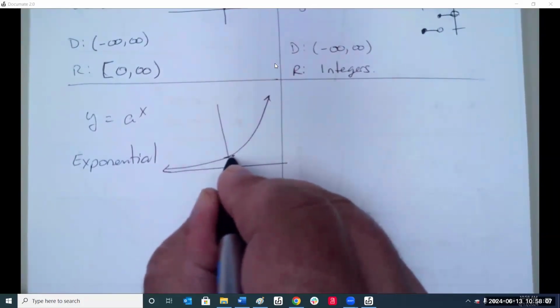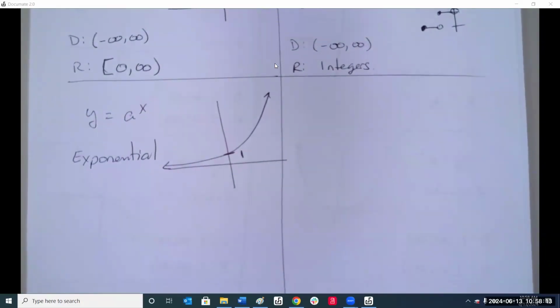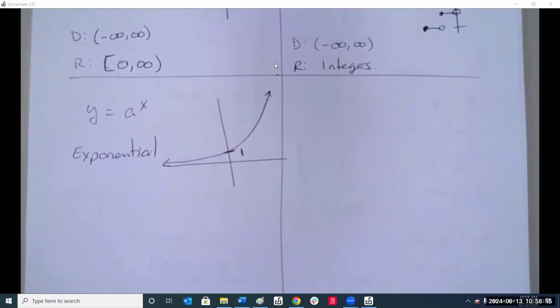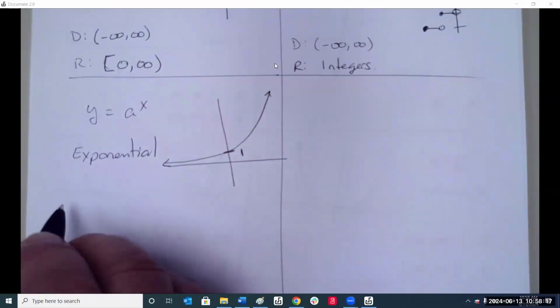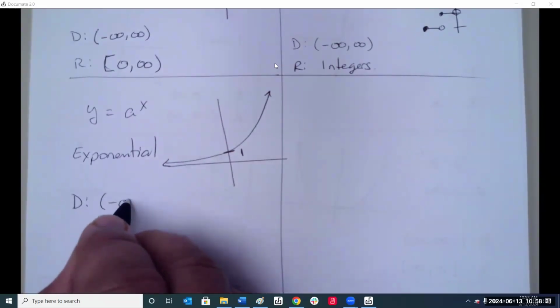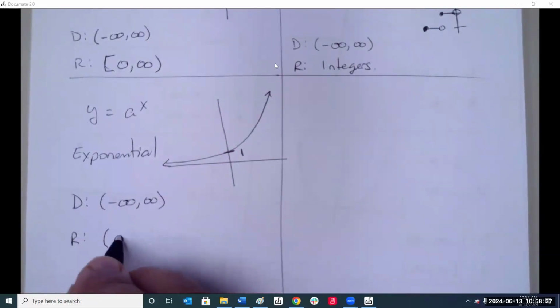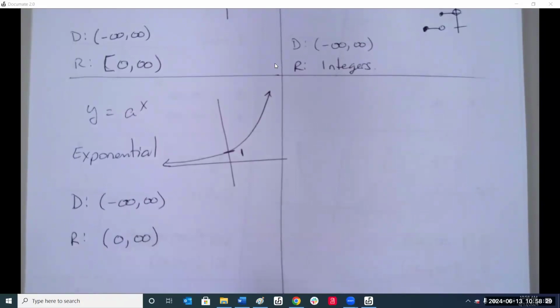And it always crosses through 1. The domain is all real numbers. And the range is always greater than 0.